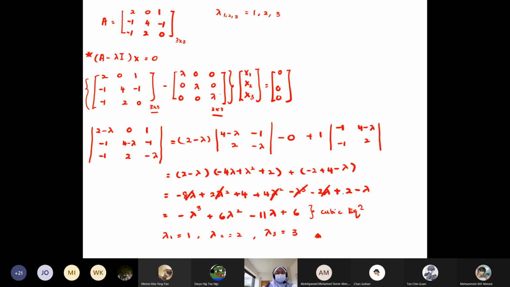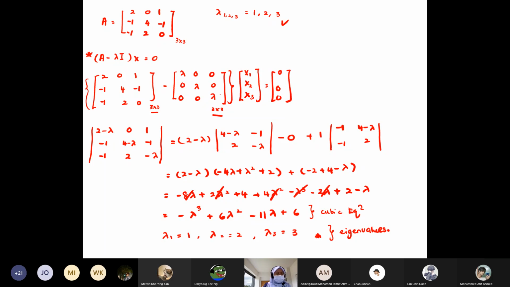And this one is the eigenvalues. So from here you have already determined the cubic equation and shown that the eigenvalues equal 1, 2, and 3. Now move to question number 2.